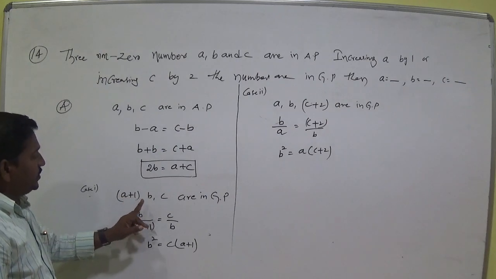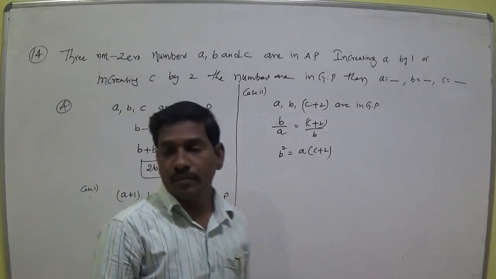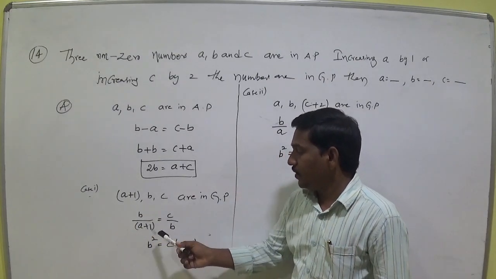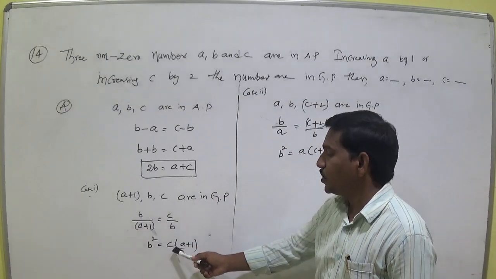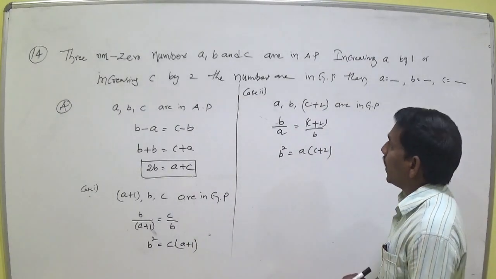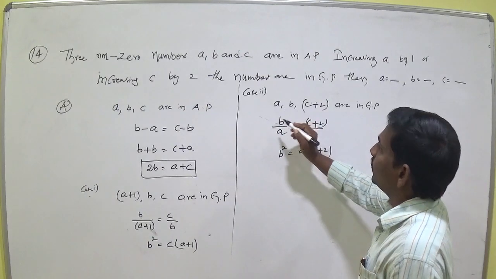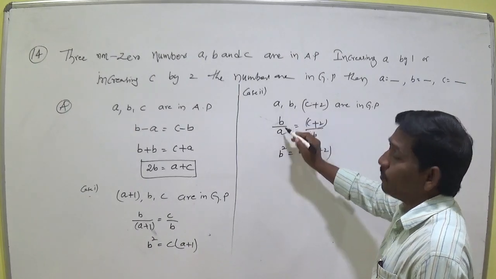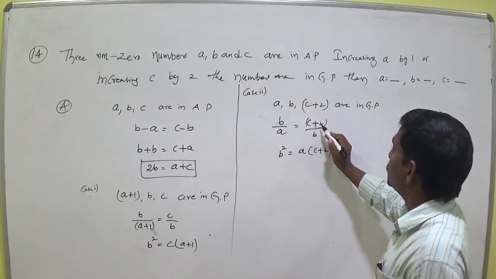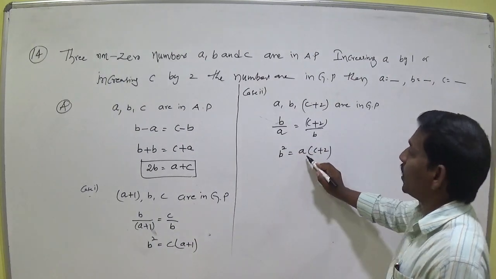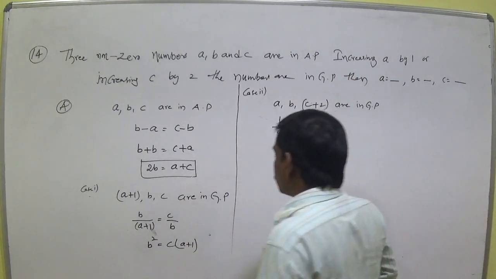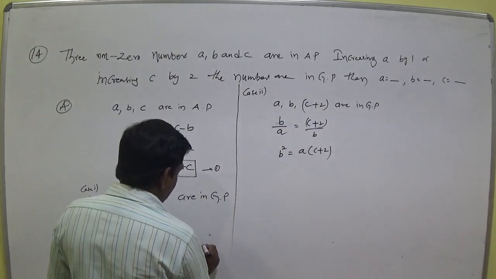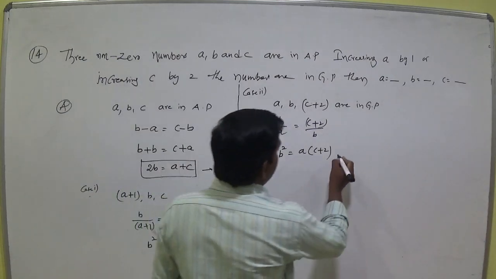If a plus 1, b, c are in GP, b by a plus 1 equal to c by b, so b square equal to c into a plus 1. And in case 2, b by a equal to c plus 2 by b, so b square equal to a into c plus 2. For example, this is equation 1, this is equation 2, this is 3.